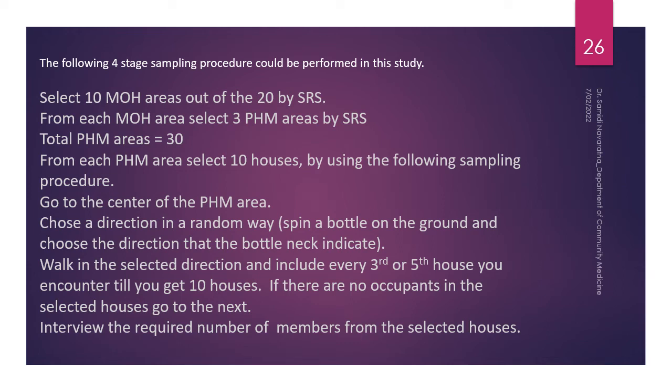If there are no occupants in the selected houses, then you can choose the next house. Then interview the required number of members from the selected houses. So that is what you are going to do here. The numbers and so on can actually vary, but this is just to give you a rough idea what a multi-stage sampling is.